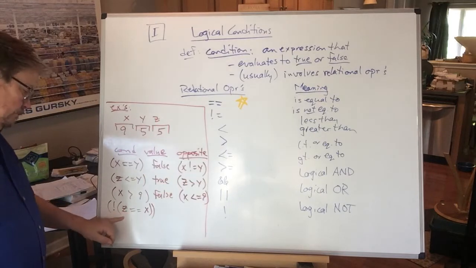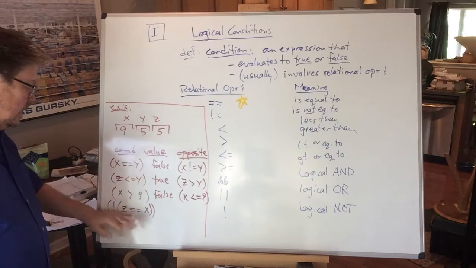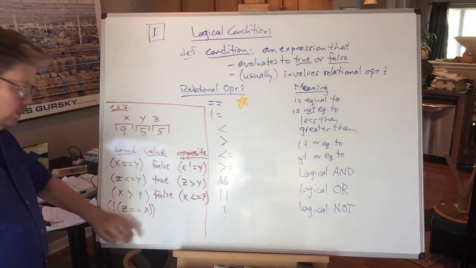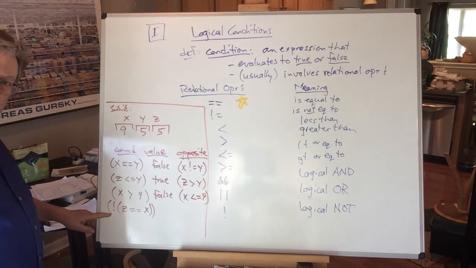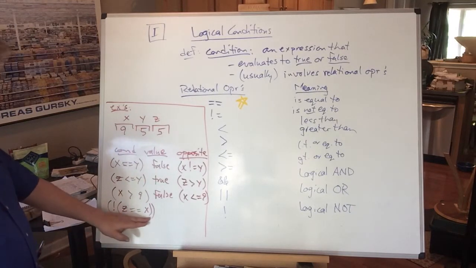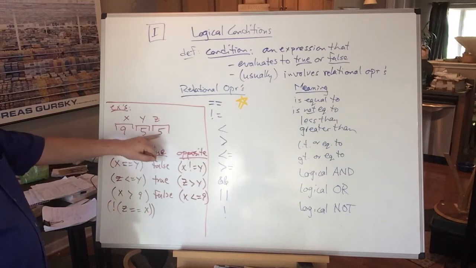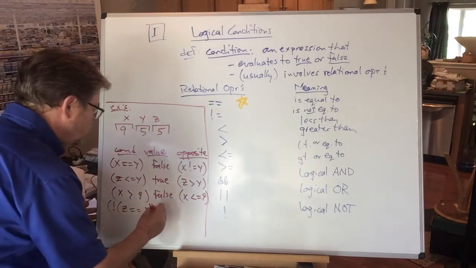This is z 5, x is 9. Well, those 2 are not equal to each other. So this is true. If we read this in English, it says, it's not true that z is exactly equal to x. So I've got to write true in the middle column.